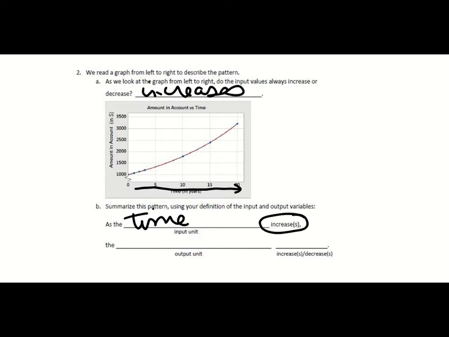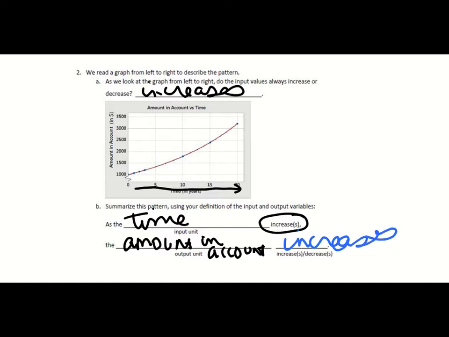As my input increases, my output unit, which is my amount in the account, also increases. So as this gets bigger, you're going to tell me what the Y is doing. As time goes by, my amount is going to increase.